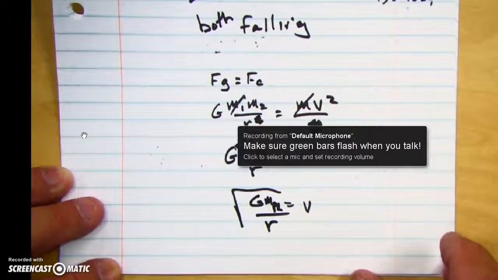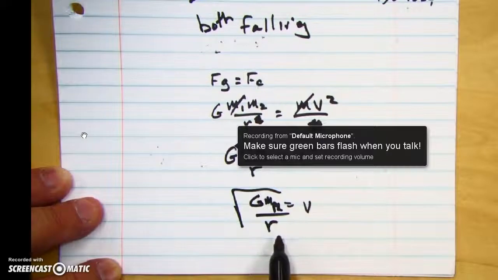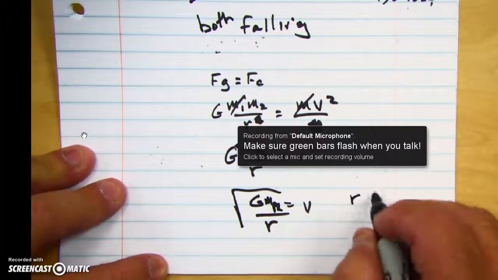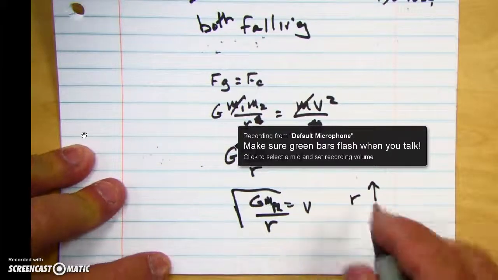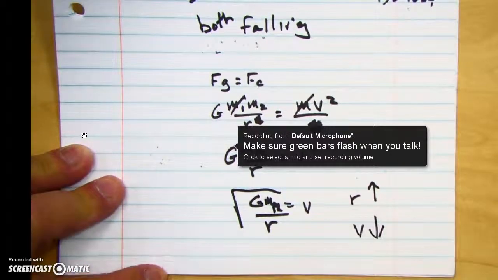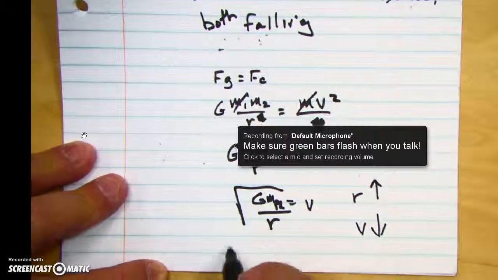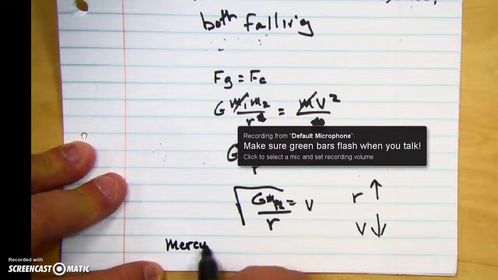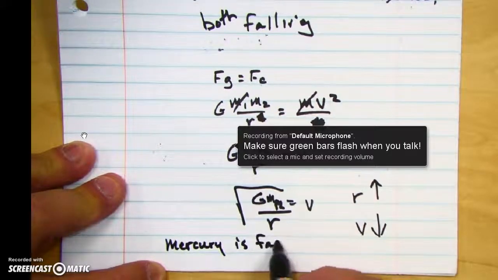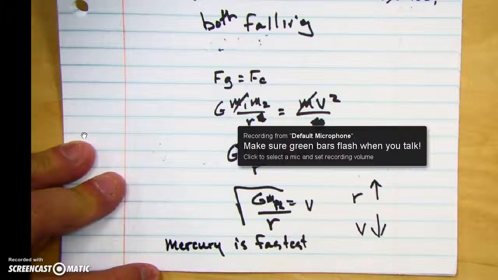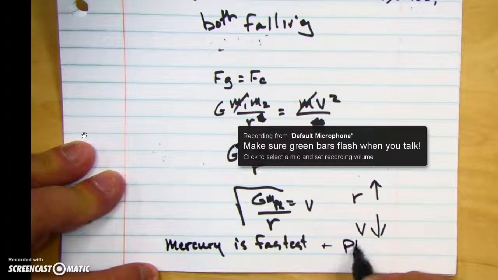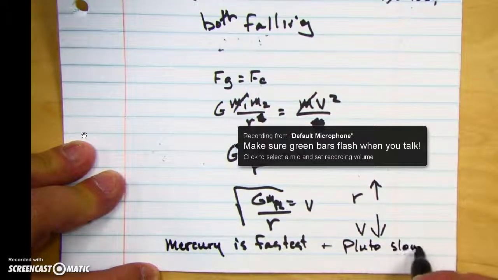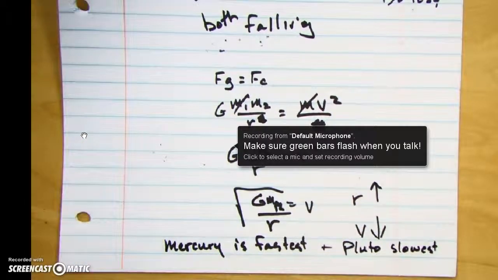Again, what this shows is that as the radius goes up, in other words, as you get farther away from the sun, what happens to the speed? v is going to go down. So therefore, Mercury is the fastest. And, well, I love Pluto. Pluto, slowest. Okay, we'll play with this a little bit more in class.